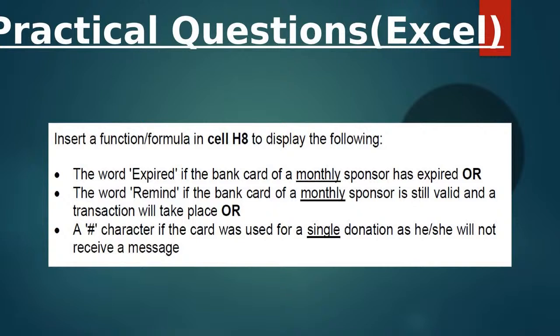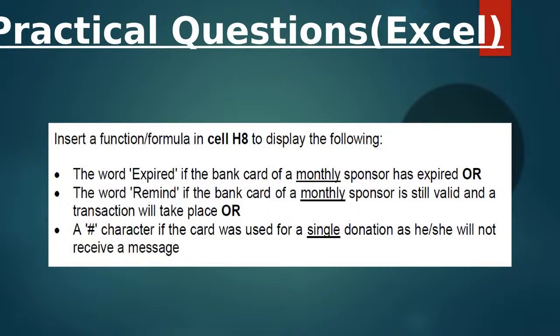A nested if function. Now, let me see if I can open something here. I don't think I have anything. Okay. I'll see what I can do as we go along.